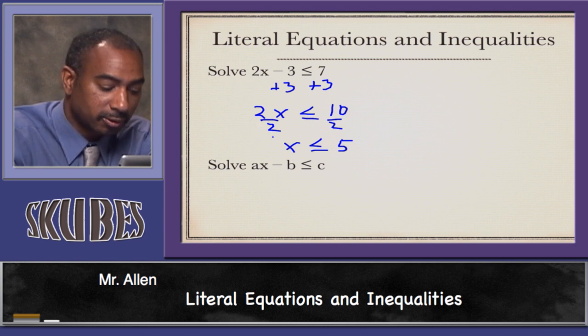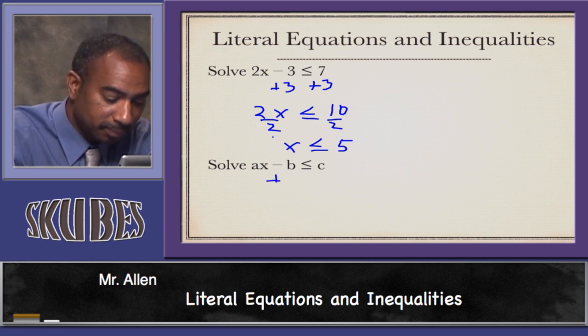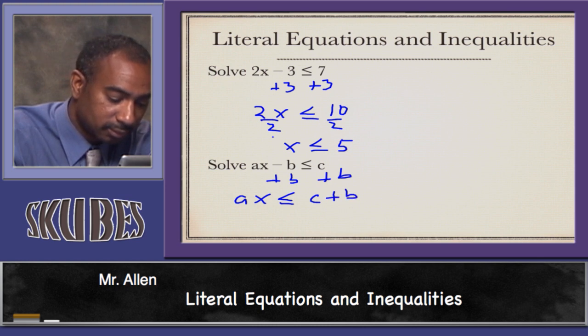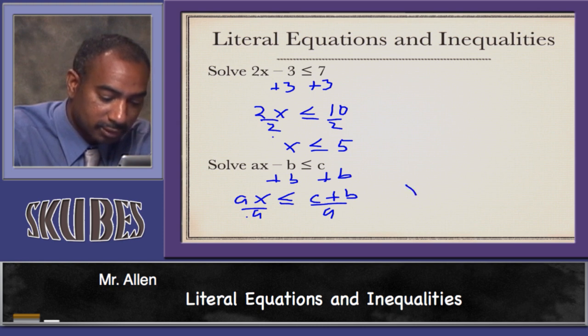If you were to do this in general, you would add b to both sides. So you have ax is less than or equal to c plus b. So x is less than or equal to c plus b over a.